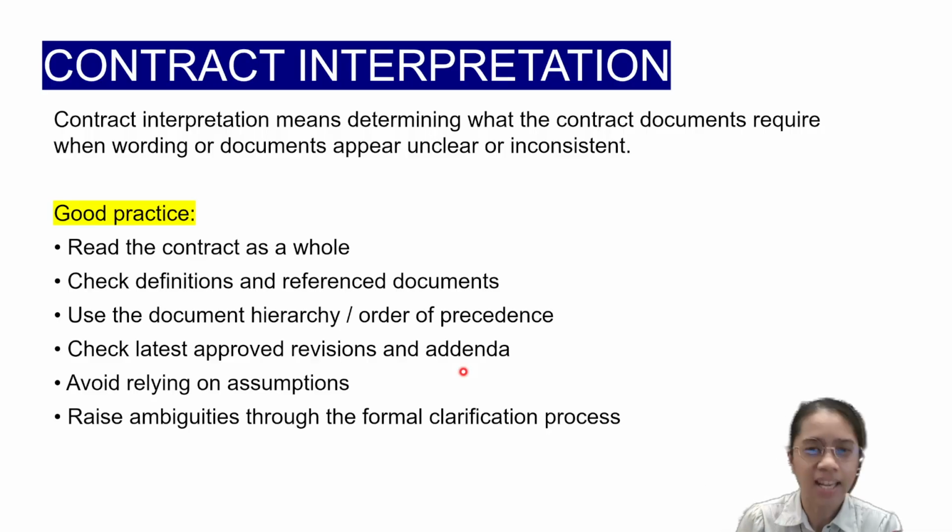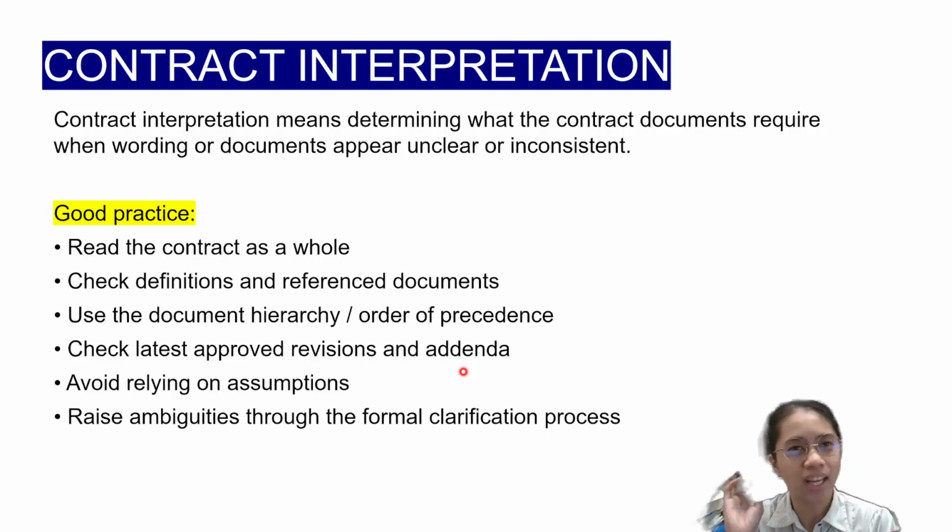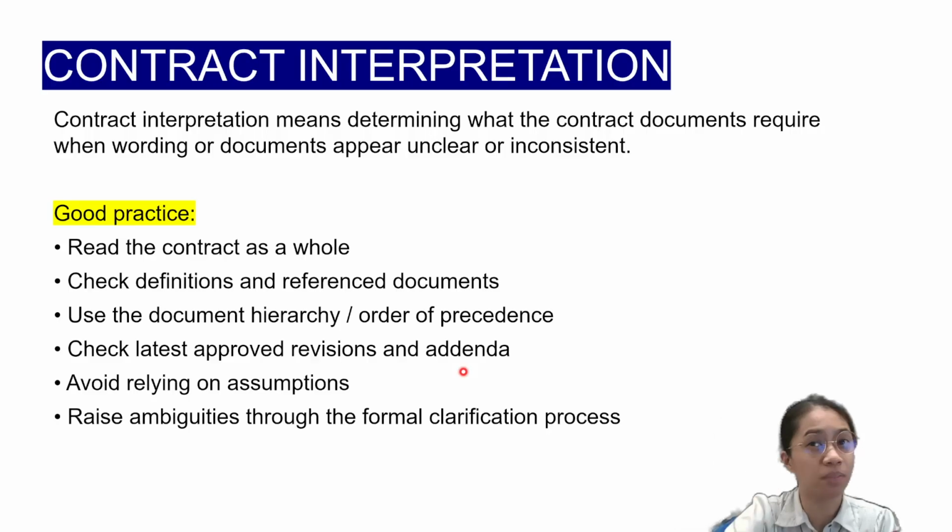Because someday, if there will be disagreement, you cannot say that you assumed this was your interpretation. That is wrong. Because if you have confusion or anything to clarify, you should already put it in the contract. And then last, raise ambiguities through the formal clarification process.